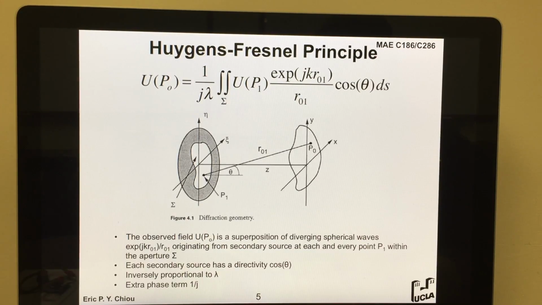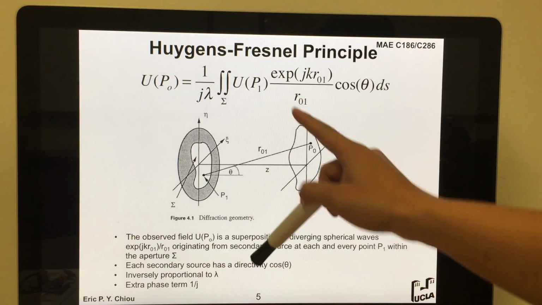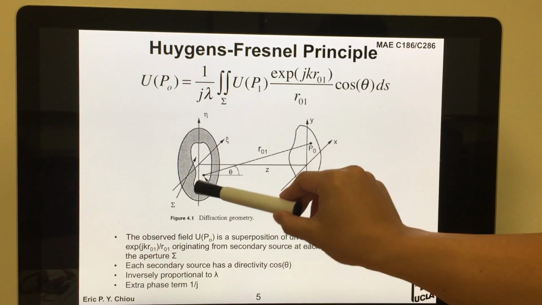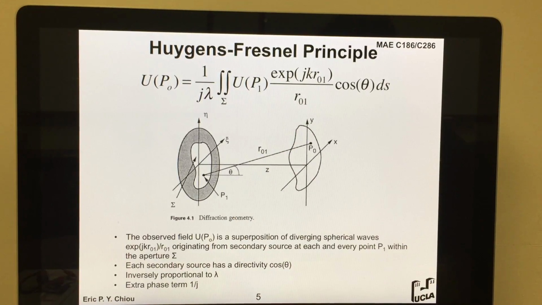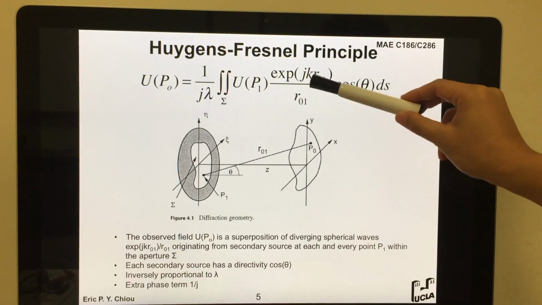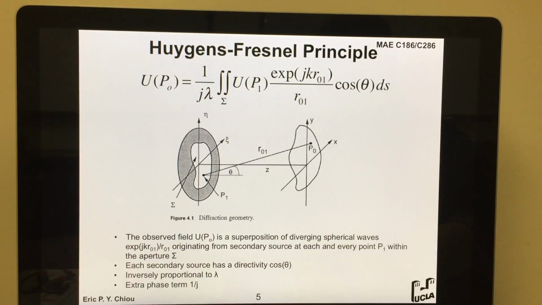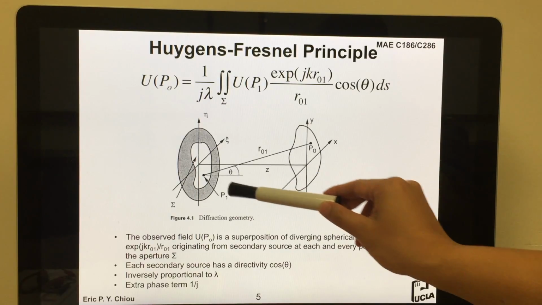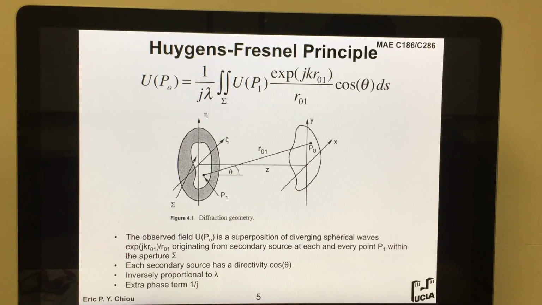But the concept is quite close. This shows the amplitude at the first object plane, so every point in your image plane can be considered as the contribution of every point on this first object plane. That is the basic Huygens Fresnel principle.